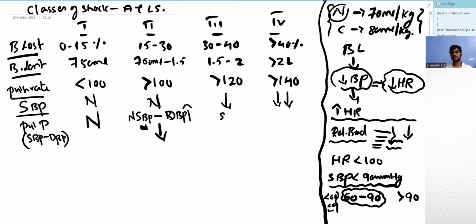But here, there is eventually a fall in the diastolic BP, but the systolic BP further falls. So as a result, pulse pressure falls. Here also pulse pressure falls, right? So the cause of fall in pulse pressure here is further fall in systolic BP, while the cause for fall in pulse pressure here is increase in the diastolic blood pressure. So this is the difference between class 1 and class 2 shock, where pulse pressure is maintained in class 1, but it is narrowed down in class 2.